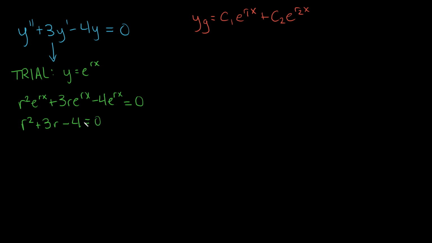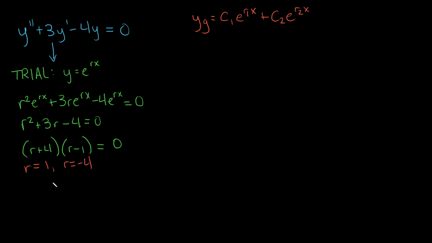Now, given this characteristic equation, what are some different roots that we might have? Well, immediately we can see we can just factor this out. We get r plus 4 times r minus 1 equals 0. Okay, great. That means the two solutions for us are r equals 1 and r equals negative 4.